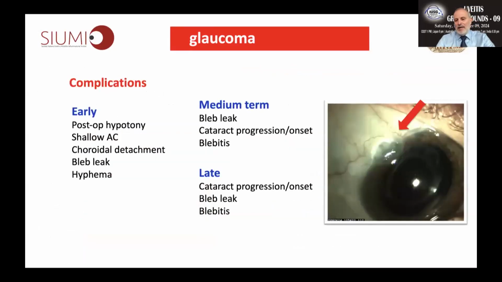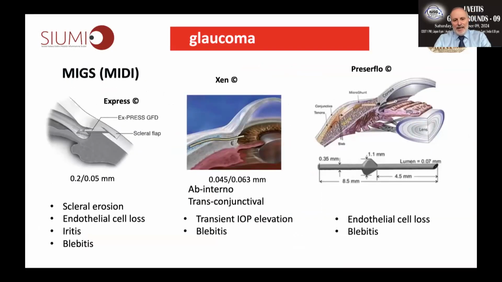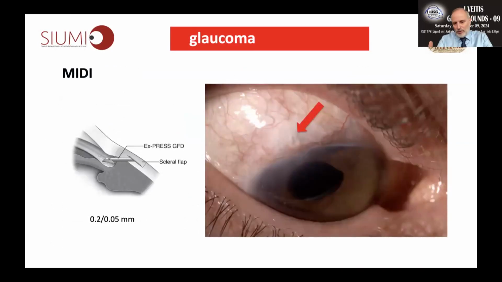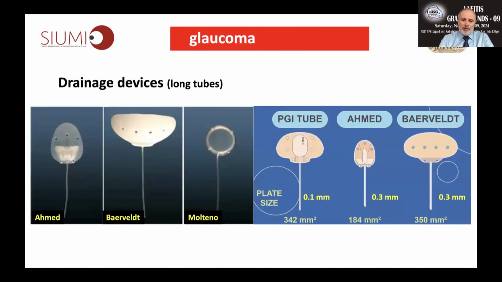We have seen in our patient one of the most worrisome complications, that is the onset of blebitis, a medium-term or late complication. And if you go to minimally invasive drainage implants, such as the Express, Xen, or Preserflo, whatever you want, you can also have an erosion of the sclera, in this case of an Express implant.